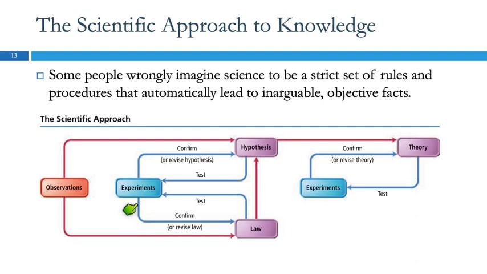If your first hypothesis is wrong, then you may need to revise the hypothesis and test again. Those experiments can also lead to a law. It's a summary of observations of what happens. But you can spend your whole scientific career going around in a couple of these circles.